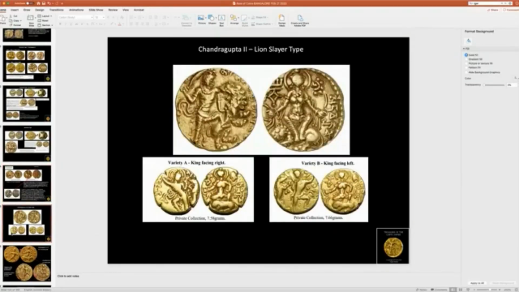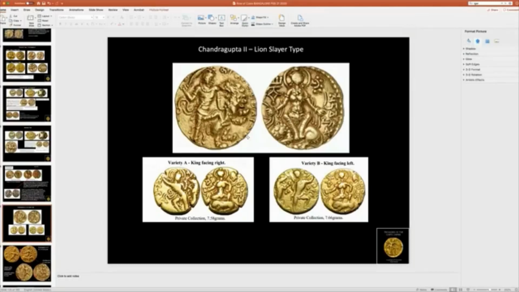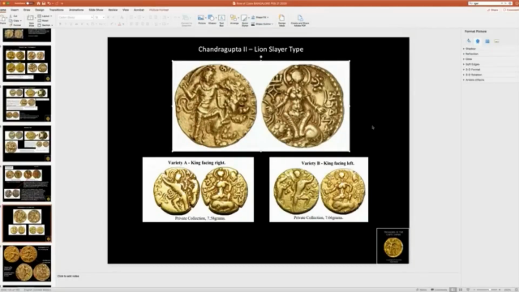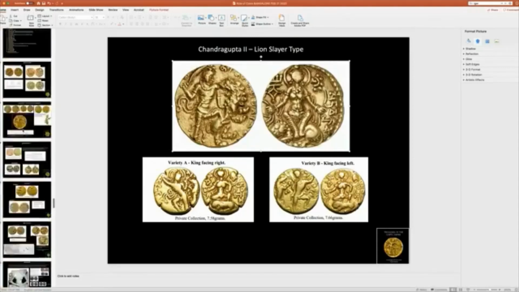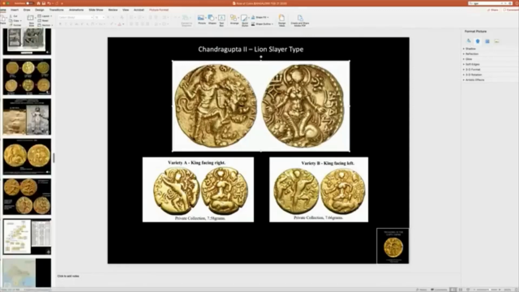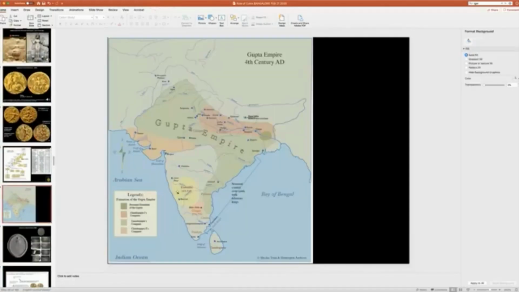Next, we come to Chandragupta II, lion slayer type. Now, what is the lion slayer? Remember in India, a lion is found in the western regions, the Gir forest, right? Where is the Gir forest? Gir forest is where the western Kshatrapas were, right here.